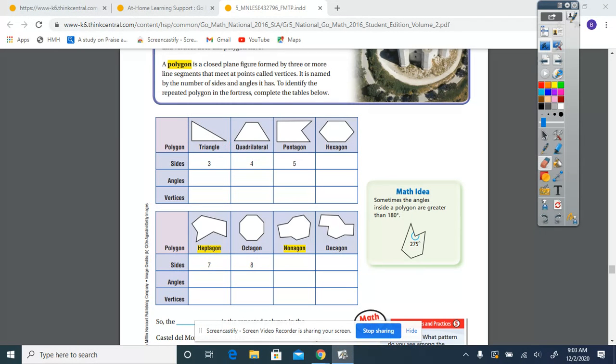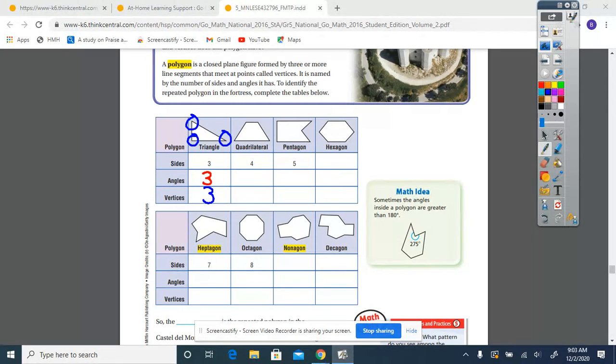How many angles does a triangle have? Here's one, here's one, and here's one. So that is three. When we think about vertices, we need to think about the corners, the points where each line segment meets. So there's 1, 2, 3 vertices. I'm going to write in 3.